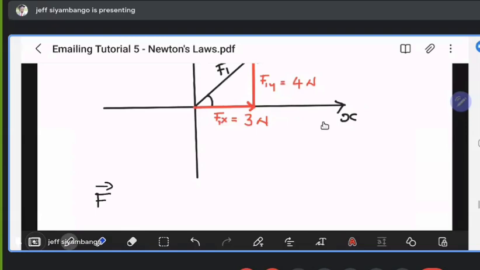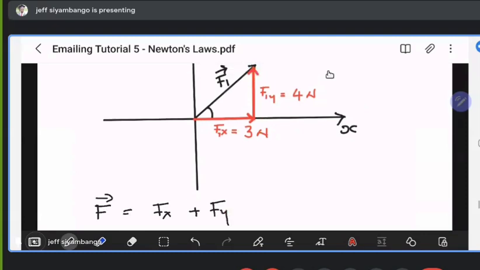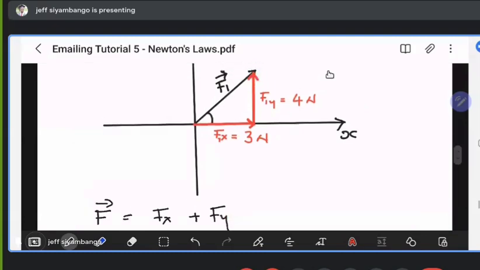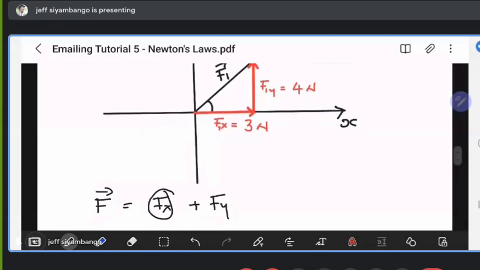When it comes to expressing a vector in Cartesian vector form, since you're in x and y, it will be made up of 2 components: the x component, Fx, and the y component, Fy. But instead of just adding them or writing them like this, we have to show their direction, because this is just a number here, and the other one there is also just a number.